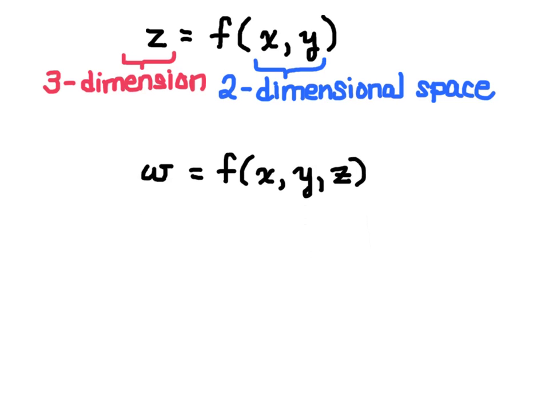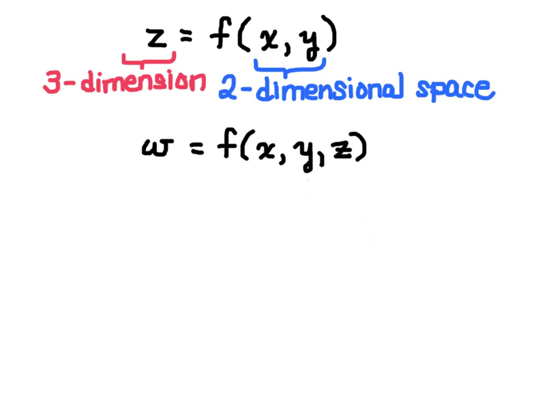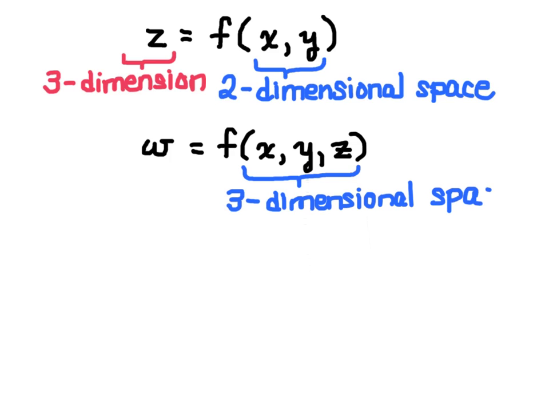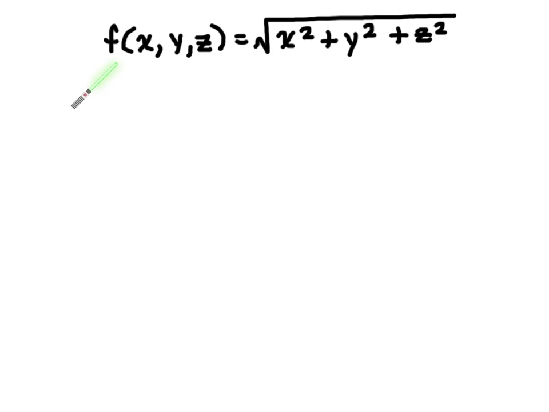Here, our input variables, our domain, is a three-dimensional space graph. Here we have a function with three input variables.